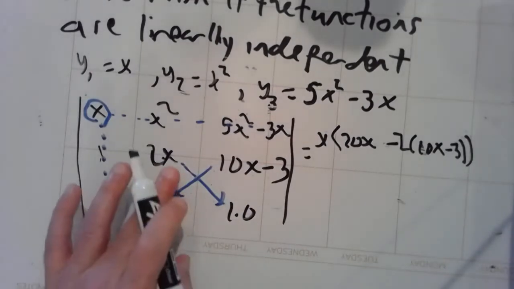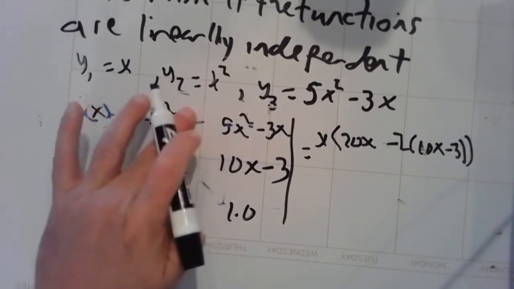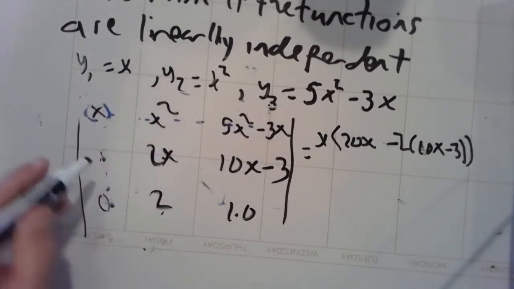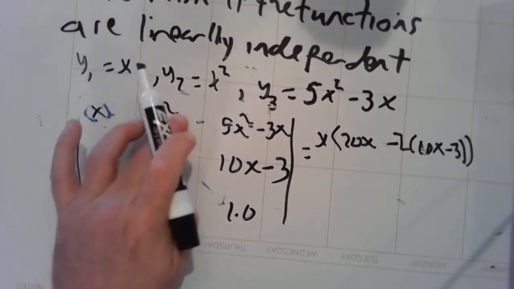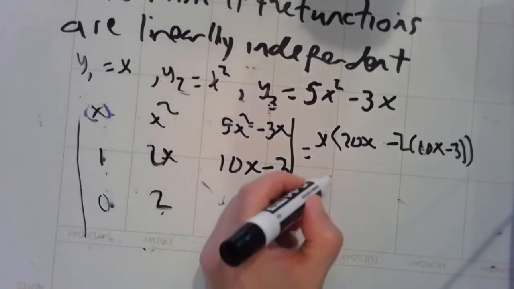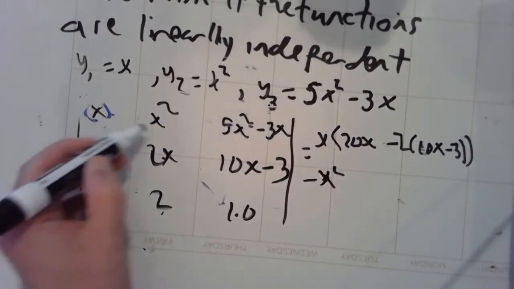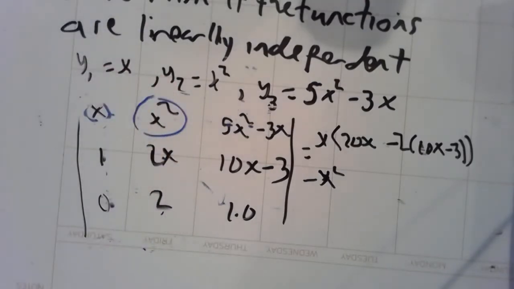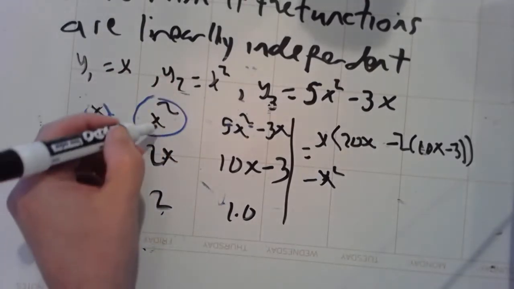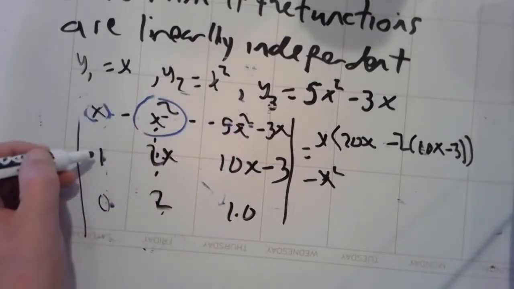Okay, so that's our first element. We're expanding across the top row. Remember, it goes plus, minus, plus when you're doing a determinant. So now we'll have a minus x squared. So now this is the element I'm using. We, in our minds, cross out that row and that column and use the 4 left over.